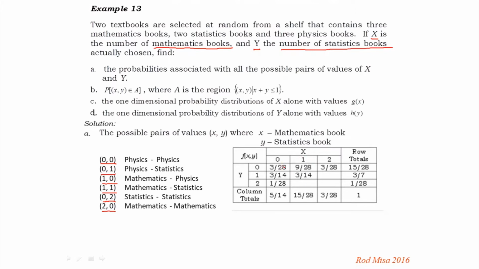So solving for the probability values for each possible pair, we need to formulate the formula for the joint probability mass function.